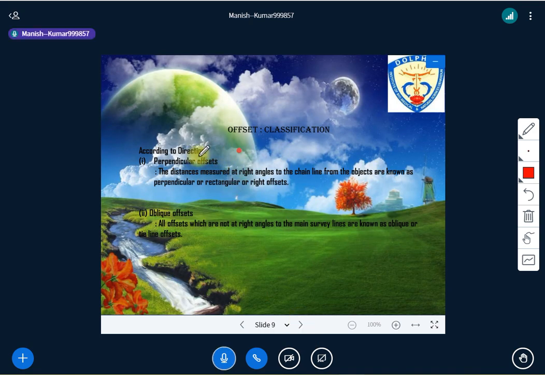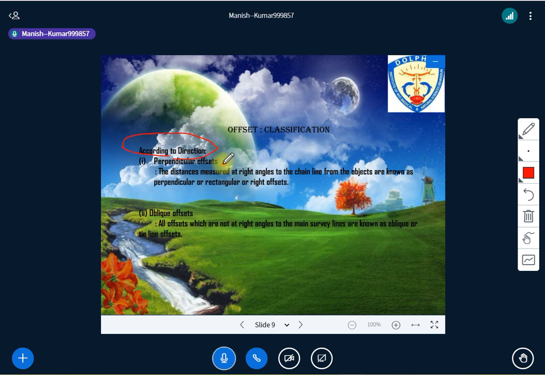Now the other classification is on the basis of direction. On the basis of direction, there are again two classifications, as you are able to see here. One is perpendicular offset and the second is oblique offset.